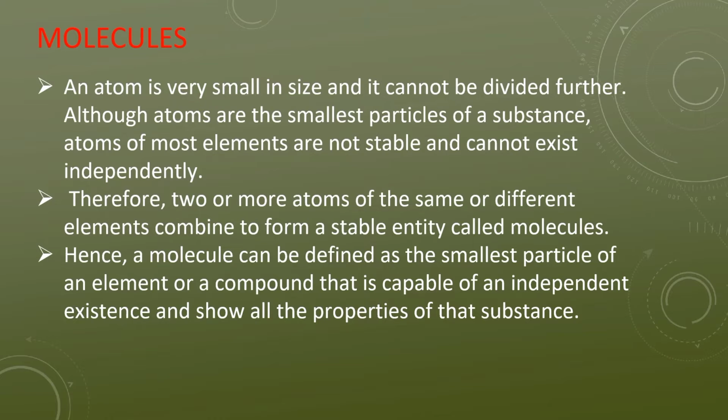So let's say this hydrogen atom will not live alone. In order to exist, this hydrogen may combine with another hydrogen, or this hydrogen may combine with another element, that is oxygen.